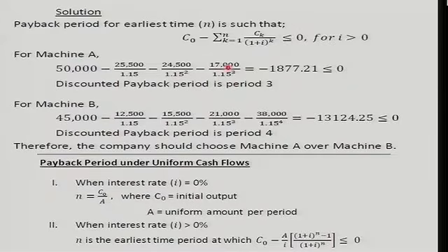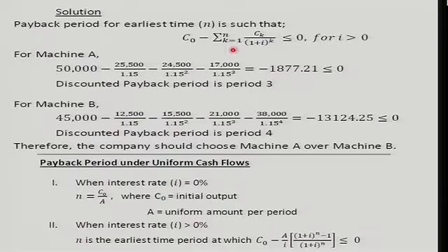So it is 17,000 over 1.15 to the power 3, because this is in the third year. When I do this, it will give me a certain value, plus this value, plus this value, and I deduct it from 50,000. In our case here, when I did all the three, we had minus 1,877.21, which is less than 0.